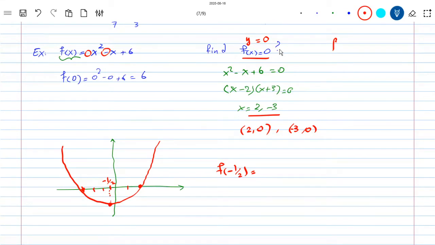General case of a quadratic, f of x equals ax squared plus bx plus c. So that vertex is, the x value is negative b divided by 2a. b in this case is negative 1, so you get x equals negative b divided by 2a.